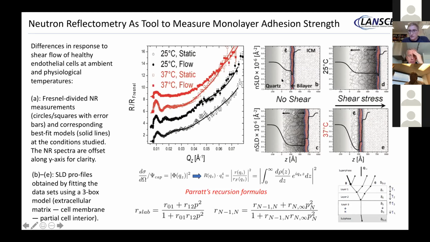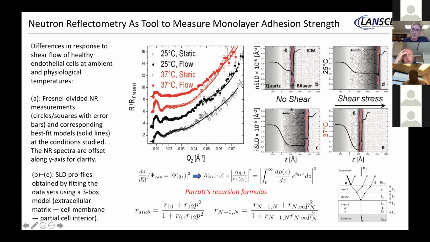And then also the extracellular matrix, which did undergo some exchange with D2O once the cells were placed into a D2O environment, but the protein component of this layer would still be primarily hydrogenated. So in analyzing this data we decided to primarily look at how L changes, or the distance between the quartz and, again, the first membrane of the cell.